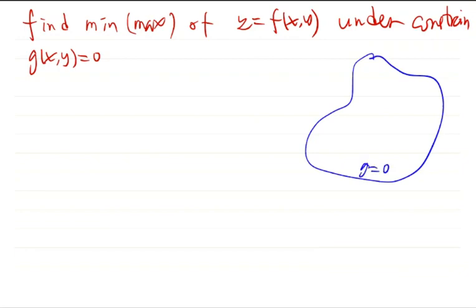Then say f(x0,y0) is the wanted constraint minimum.